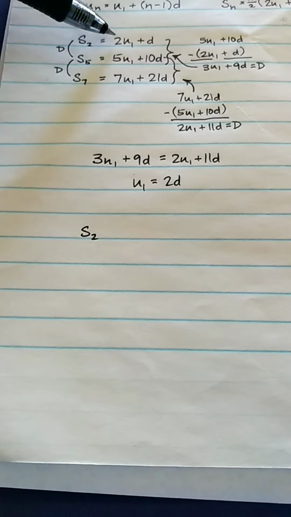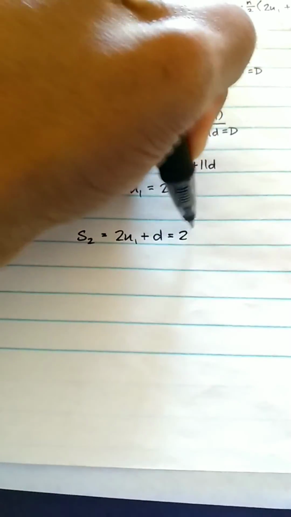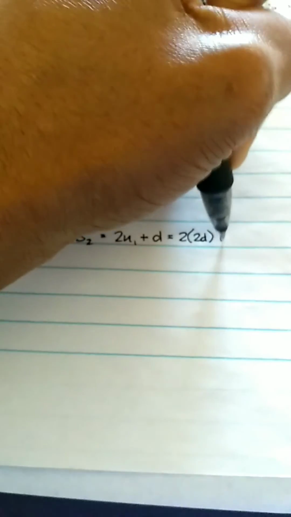And then for my sum of the first 7, which is forming my 3rd term, I'm going to have 7u sub 1 and 21d. Again, I'm just using this relationship between the first term and the common difference of what I originally started with, and I'm substituting that in. So I've got 14d plus 21d, which gives me 35d.